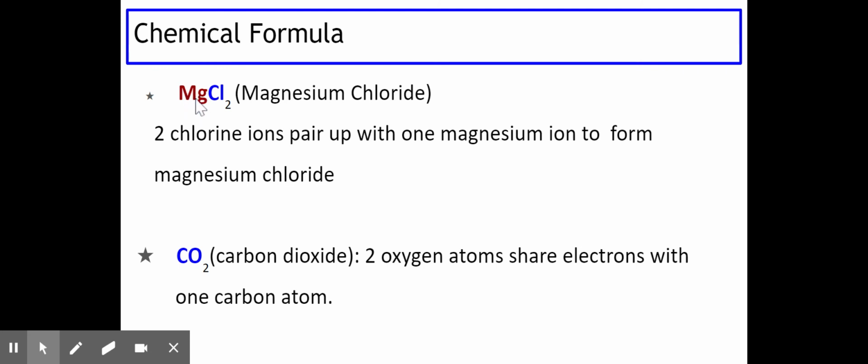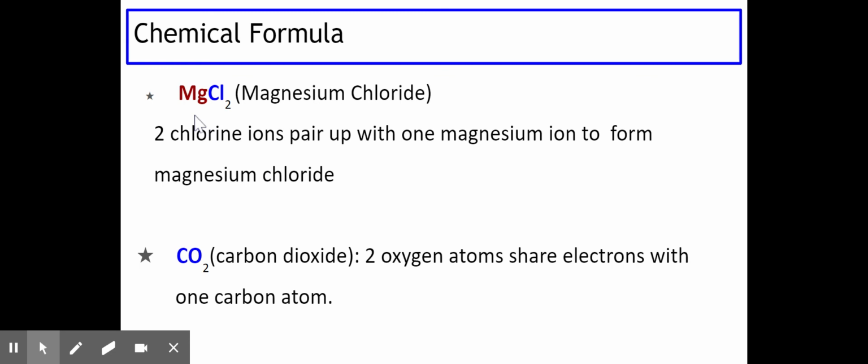So when you see Mg, that's one element, and Cl, that's one element. Mg is magnesium, Cl is chlorine. So what does this number 2 mean here? This means there are two chloride ions to pair up with one magnesium ion to form magnesium chloride.